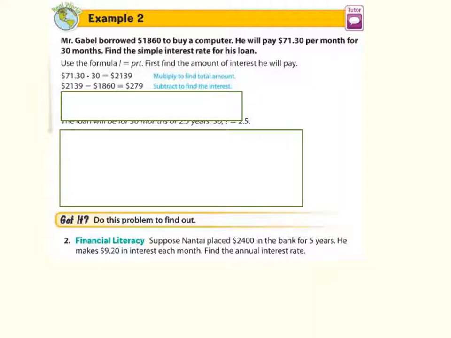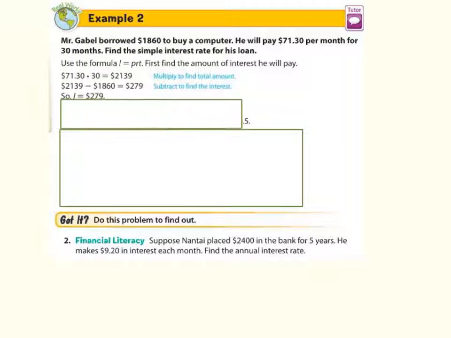If he borrowed $1,860, but yet he paid $2,139, then obviously that $279 was the interest which he had to pay. So that is going to be our I when we do the substitution.